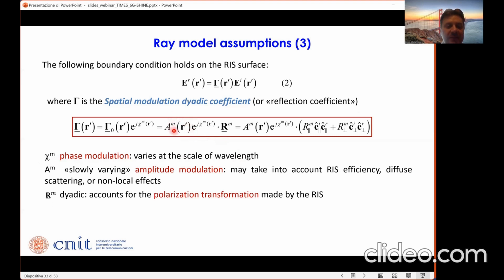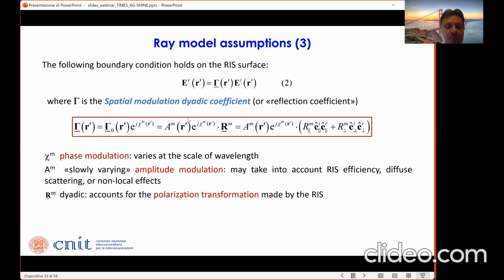Then we have the amplitude modulation. In some cases, it might not be present, but in general, this spatial amplitude modulation might be needed in some particular cases, for example, to take into account some reduction of the radiated power due to inefficiencies of the RIS, or some effects caused by diffuse scattering, or again, non-local effects.